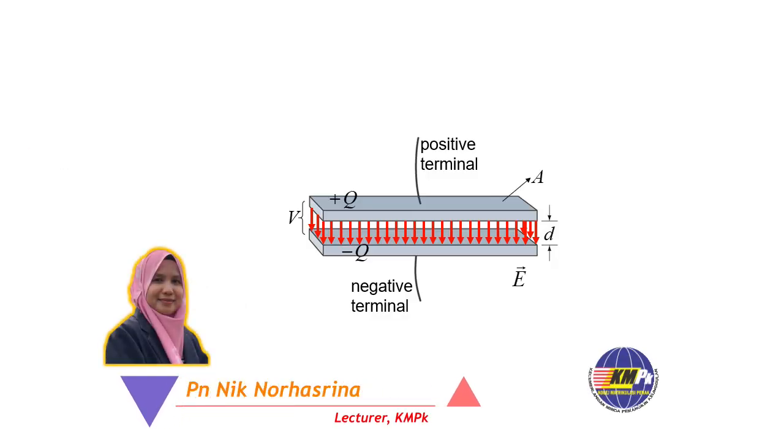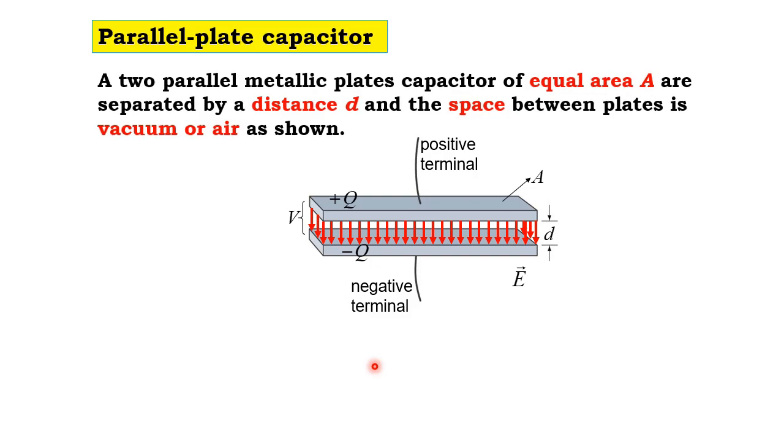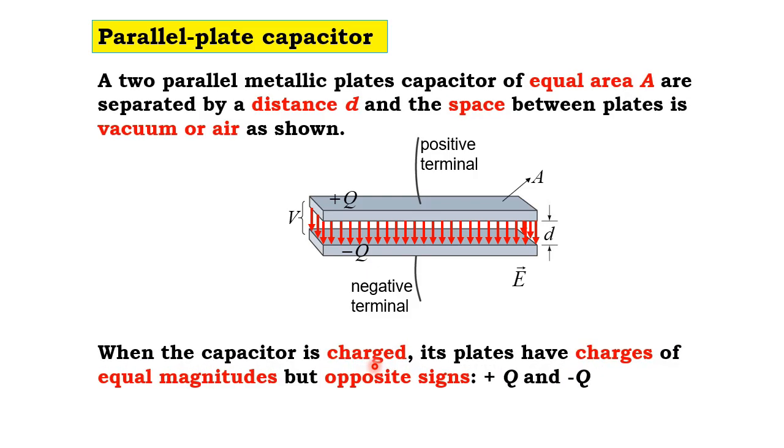This is a parallel plate capacitor. We have two parallel plates separated by a distance, which we denote by D. In between these two plates we have a vacuum or air, and the plates have charges equal in magnitude but opposite in sign.